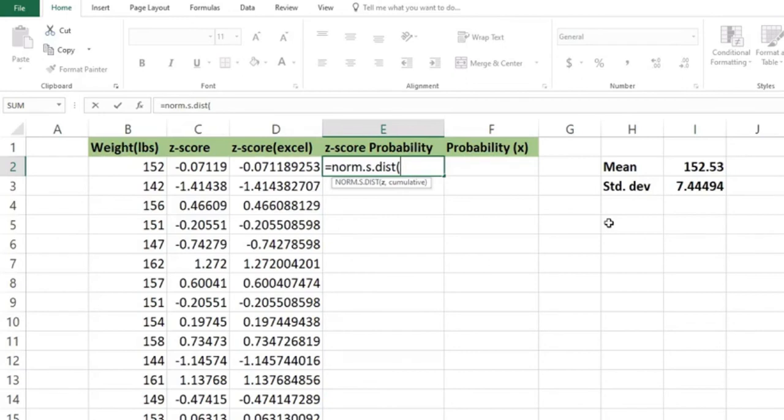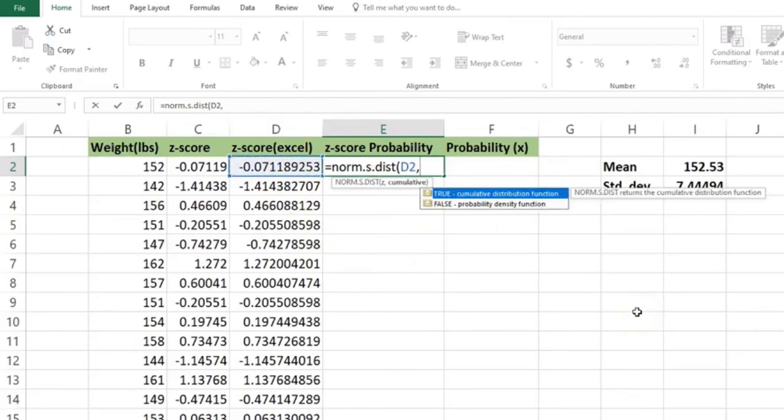So let's go for that. These are the z-scores, right? The z-scores are over here in column D. Cumulative means, do you want to add up all the probabilities below this z-score? Yes, we want, so let's go for true.